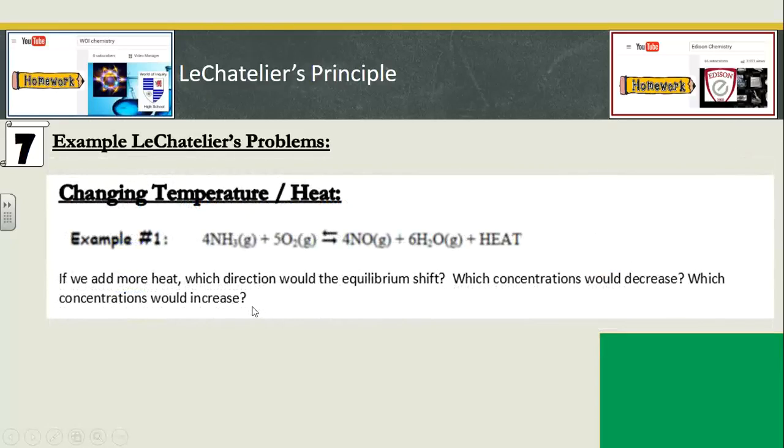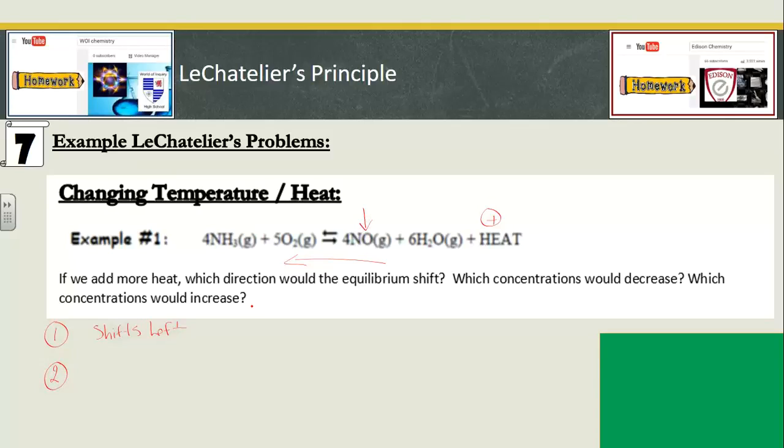Temperature and heat. If we add more heat, which direction would this equilibrium shift? Which concentrations decrease, which concentrations increase? So if we add more heat, we've got to shift away from what we add. So the equilibrium shifts left. Which concentrations would decrease?